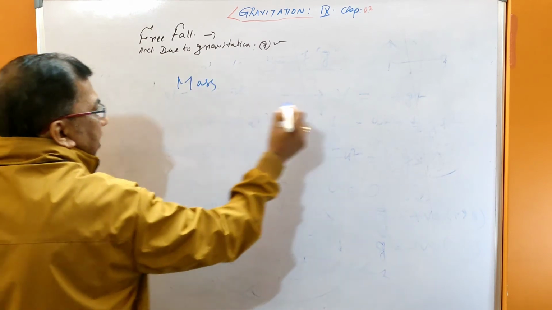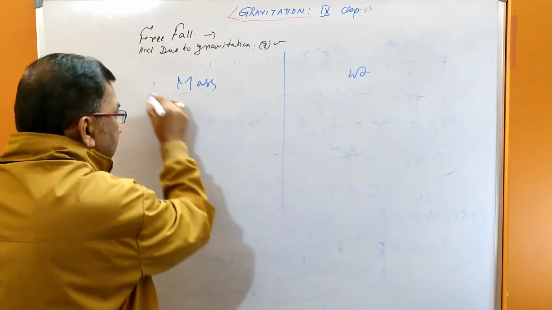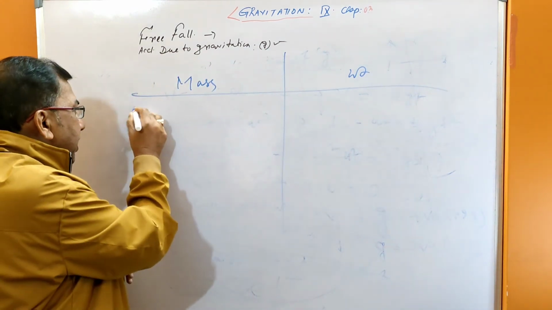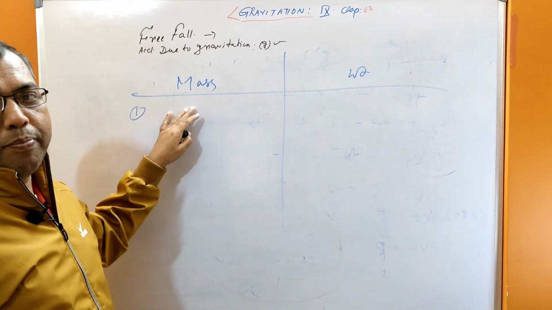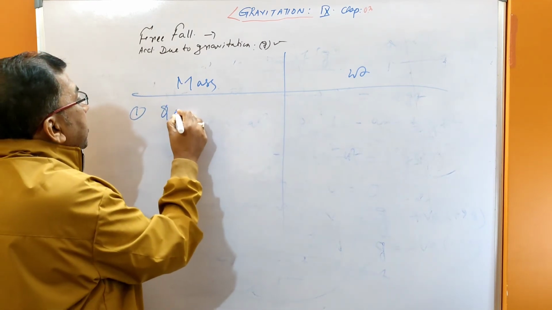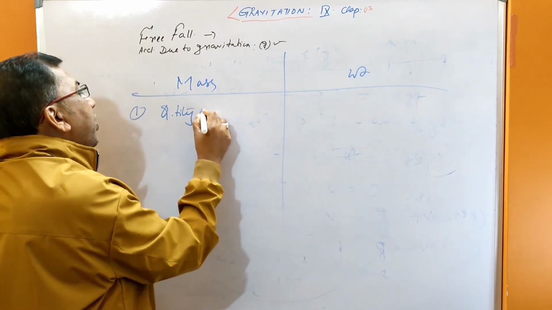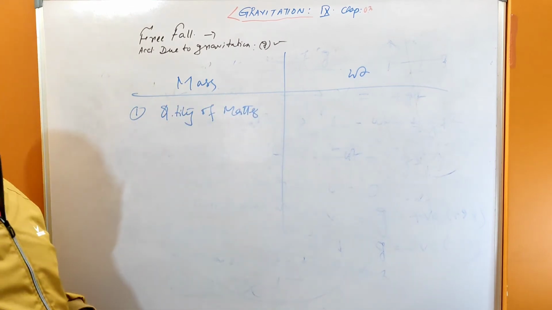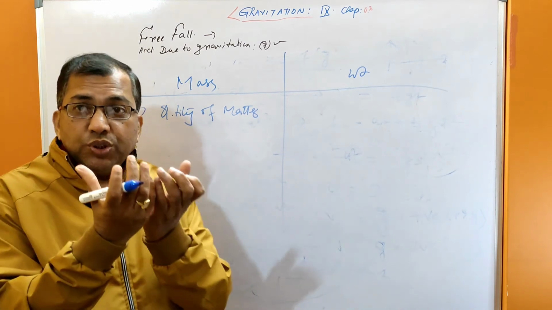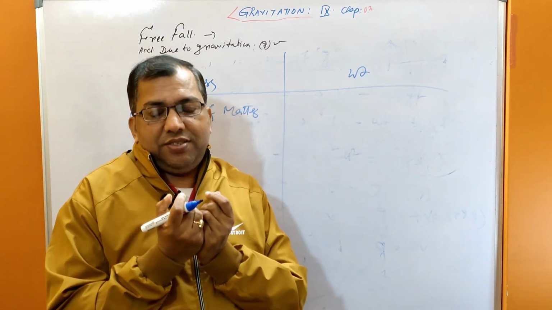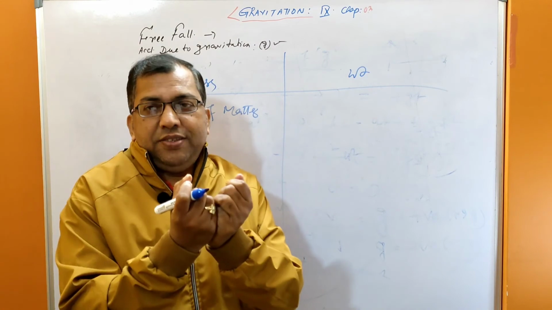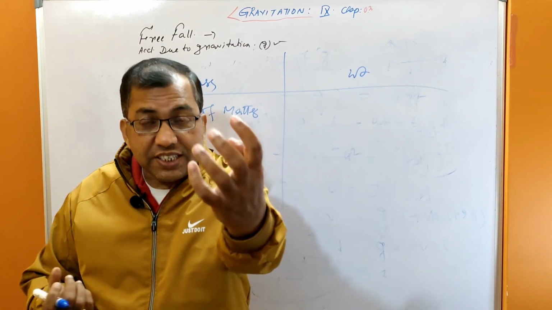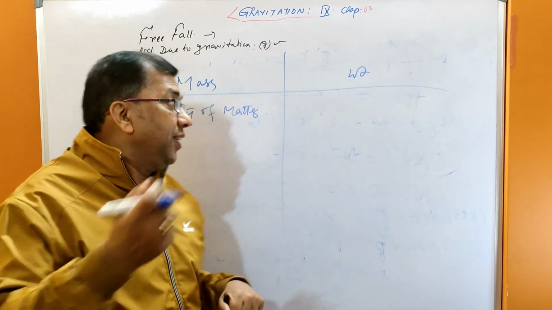I am writing mass and weight. The mass is the quantity of matter contained in it. Weight is the force with which the body is attracted towards the center of the earth.